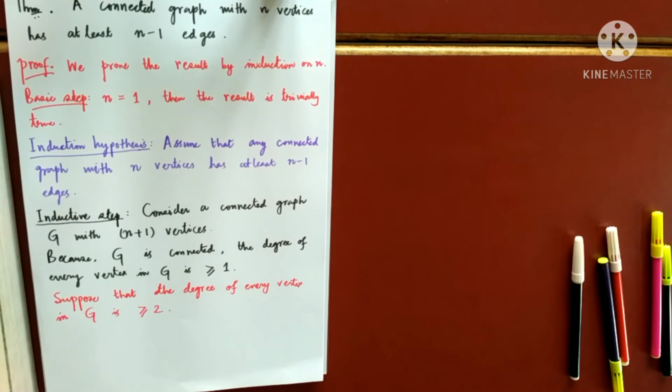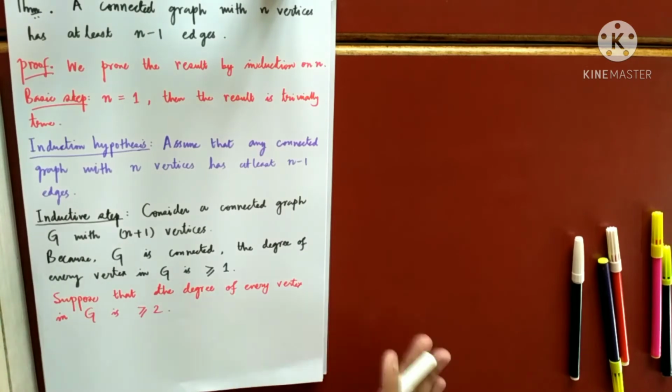But I am considering one extra condition, that the degree of every vertex in G is greater or equal to 2. Some of you might disagree, sir, it may not have a vertex of degree 2. I definitely agree with you. But let us prove in this case, and we will also prove the other case, when this condition is not satisfied, that means when it has at least one vertex having degree 1. And that will complete the proof if I am done for both the cases.